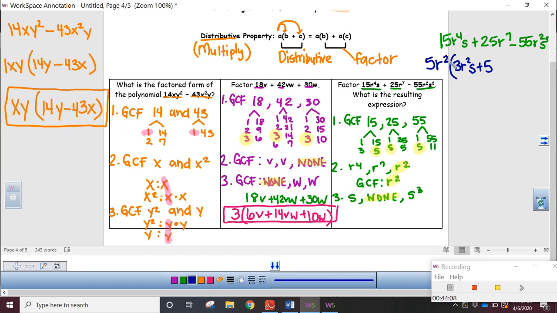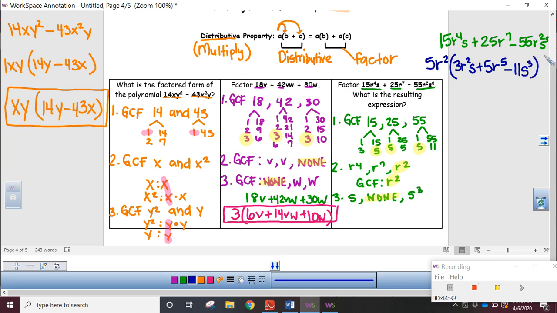If I take out 2 r's, I'm left with 5 r's, because 7 minus 2 is 5. And then the last one, if I take out a 5 from 55, I'm left with 11. If I take out r squared, that takes out all of them, so I'm not left with any r's. But I am left with the s to the power of 3.